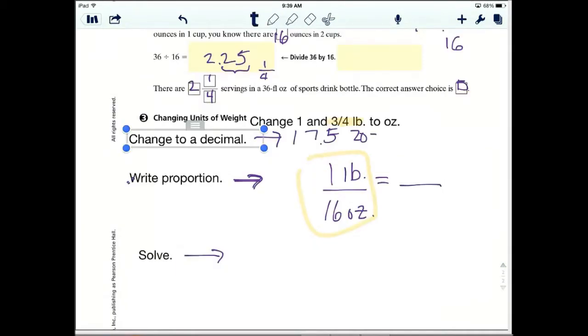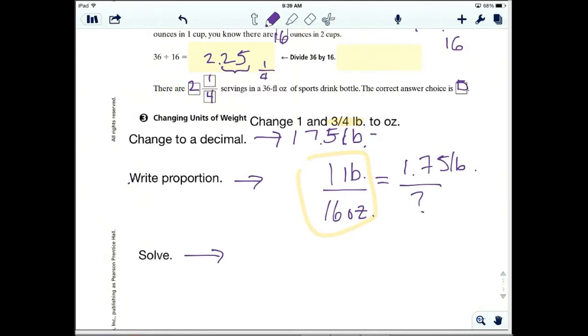So going back to example 3, we set up a proportion, 1 pound over 16 ounces, and I have, sorry, this should say 1.75 pounds. Because I have pounds on top, I need to put pounds on top. So 1.75 pounds, and I don't know how many ounces.